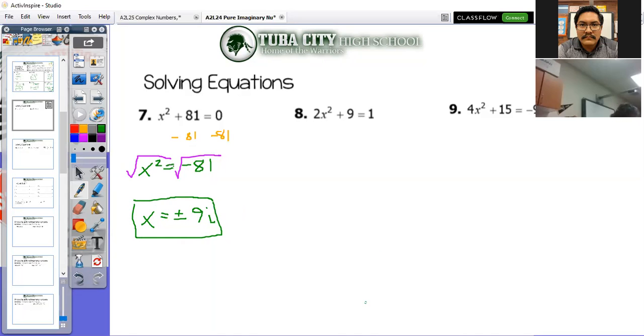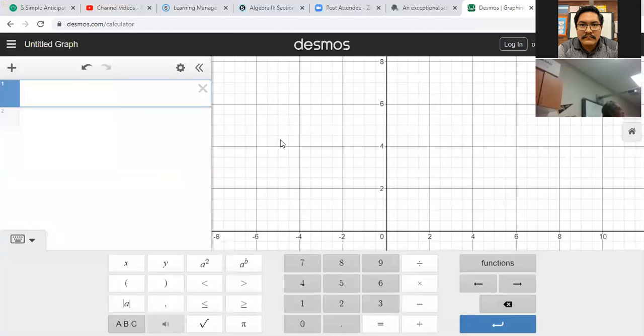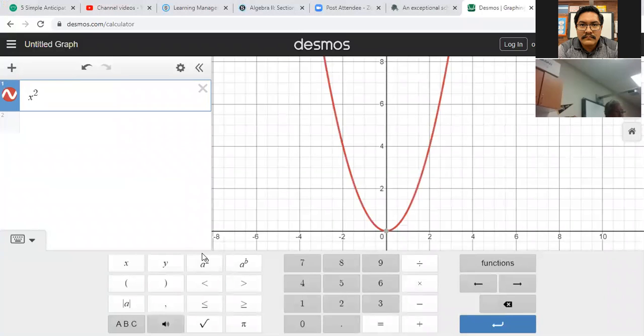All right, now for this one, I said I was going to try to show you as best I can, and I'm not really sure if this is really the way, but I'm going to see if I can explain this a little better. So I'm going to go over to the graph, and let's type in what we got for number 7. So that would be x squared plus 81, we get a parabola.